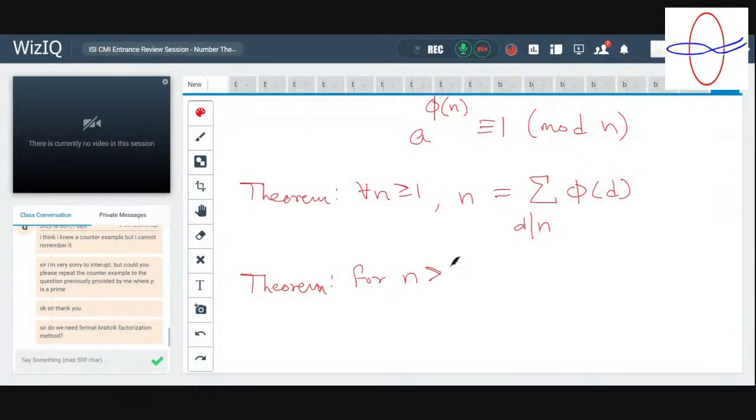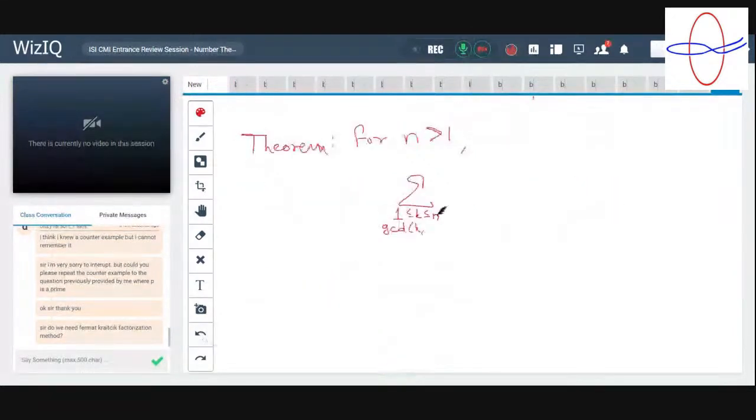For n greater than 1, we can say that this summation, that is the summation of all natural numbers less than or equal to n which are coprime to n, is equal to half n phi of n. Maybe you can try to prove this. And there ends the number theory review.